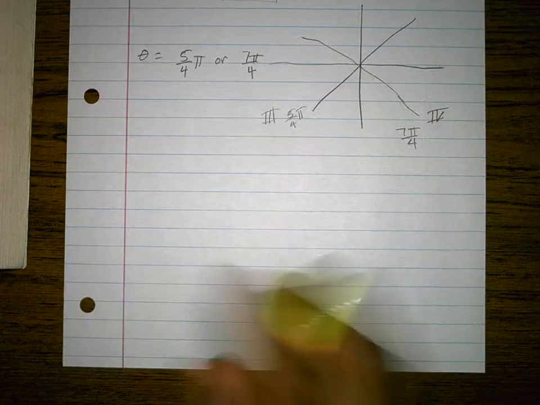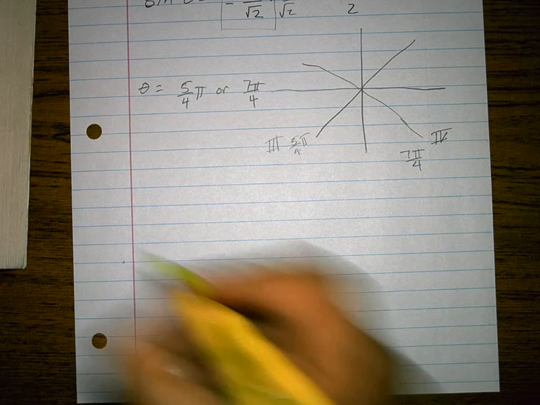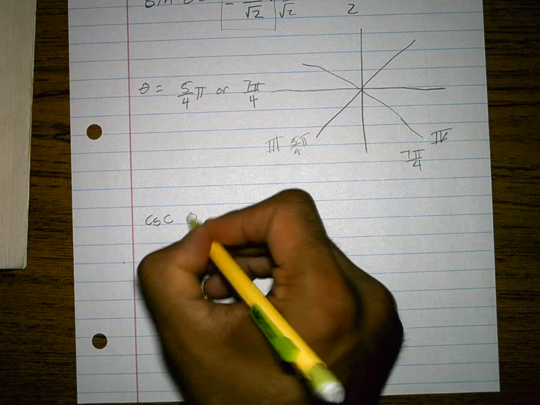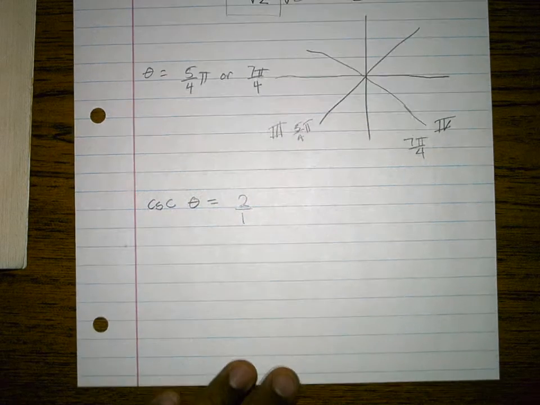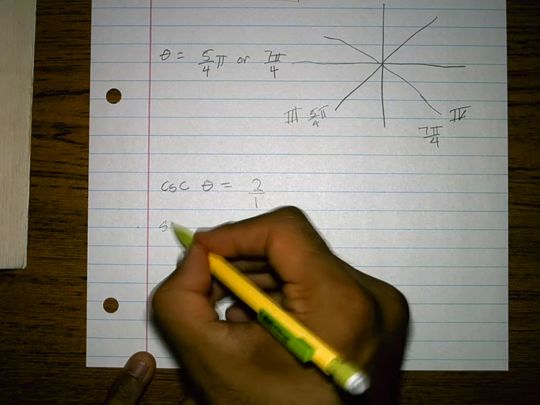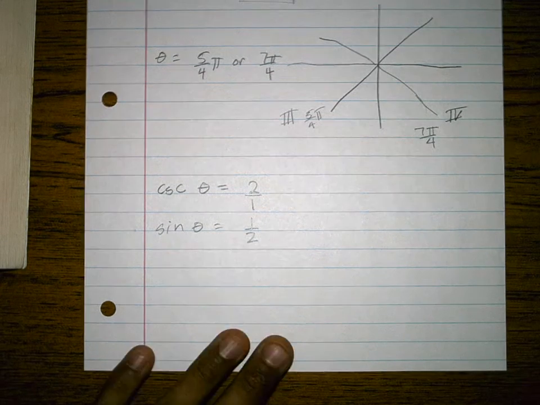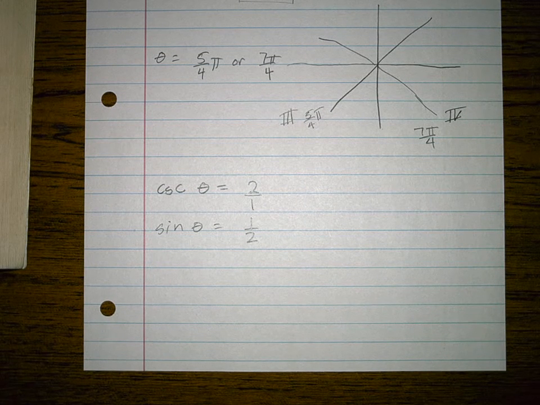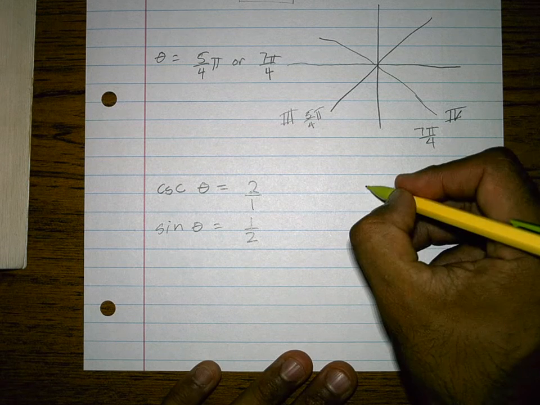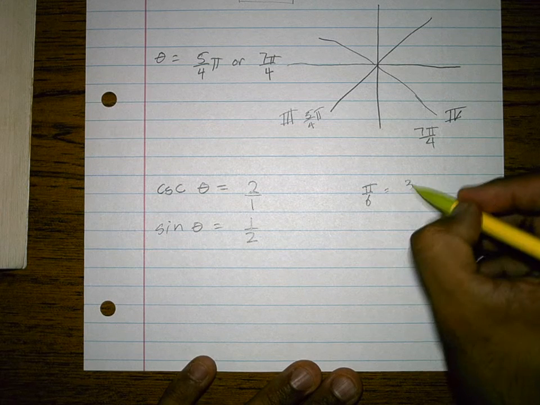Sorry, there's a part B to that. Part B is cosecant of theta equals 2. So once again, putting this over 1, that would correspond to a sine of 1/2. So where are my sines of 1/2? Well, sine is my y value. So that's a reference angle of pi over 6, or in other words, 30 degrees.